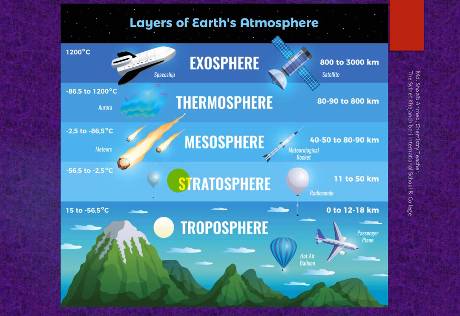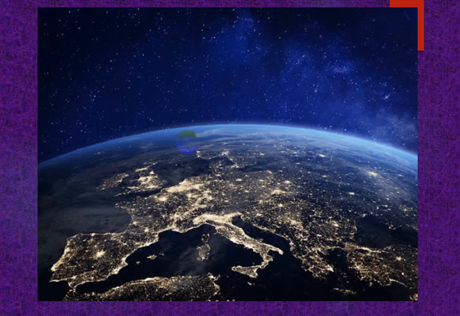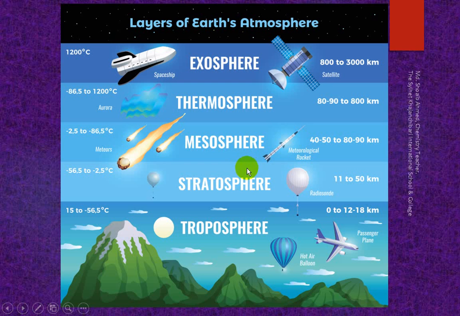Now, this is the earth surface. From the surface up to about 10 to 12 kilometers is the layer called the troposphere. From there to about 50 kilometers is called the stratosphere.